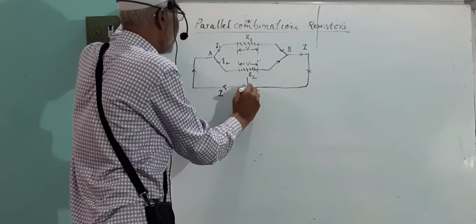The basic thing we have seen: when two or more resistors are said to be connected in parallel, you have to know the definition. Two or more resistors are said to be connected in parallel.